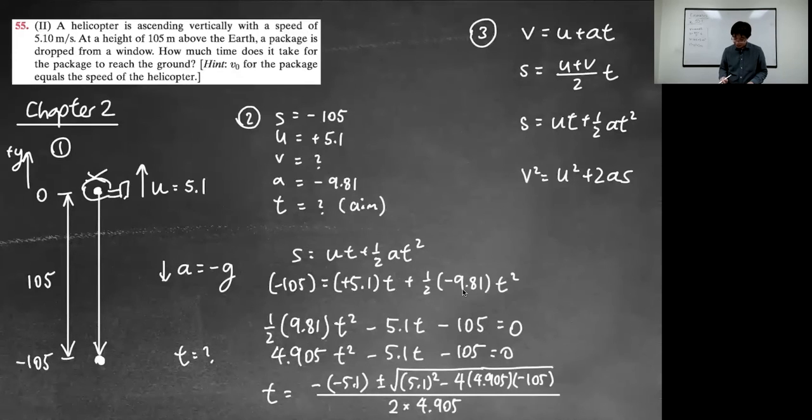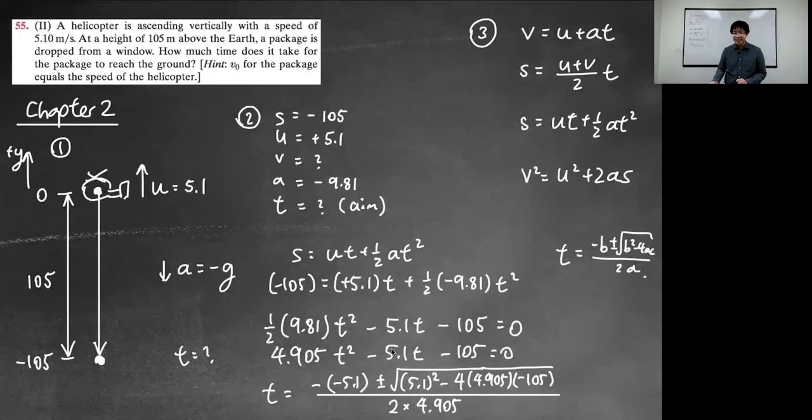Okay, all right. So just in case you forget, if you have a quadratic equation like this, it's minus b plus or minus square root of b squared minus 4ac over 2a. If you forget, you'll see that in the equation sheet that's given anyway.